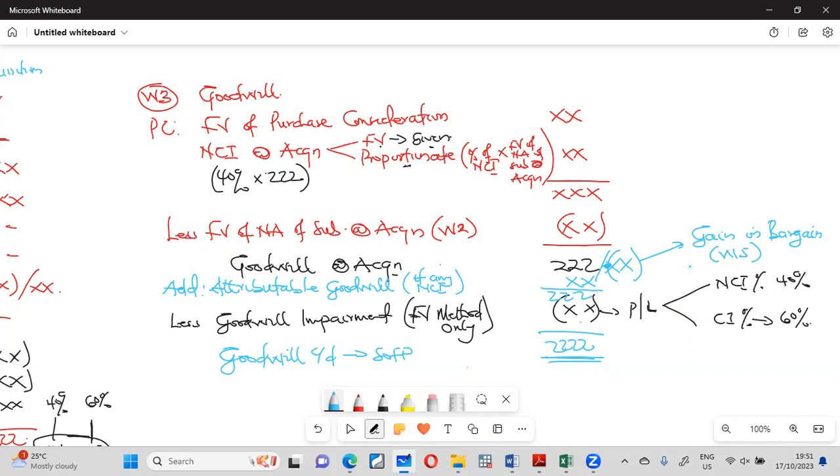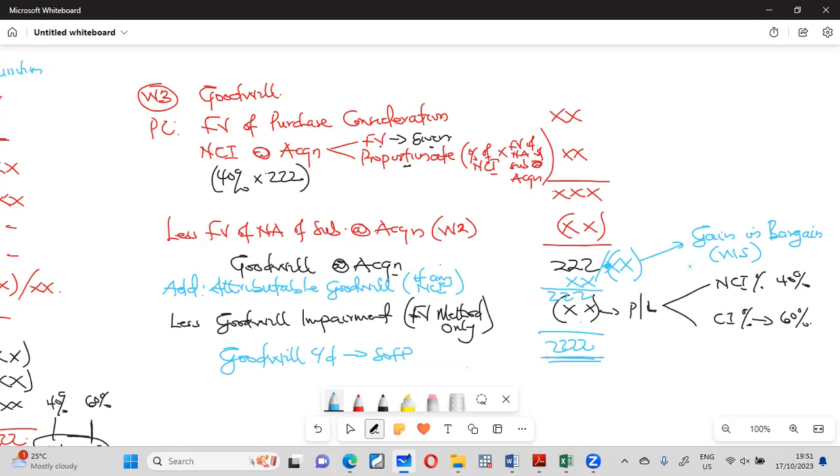However, if it is the proportionate method, then it means that the goodwill is for the parent only. Take note of that. So if by chance there happens to be any impairment coming from the proportionate method, it is not shared. It is given to the parent.